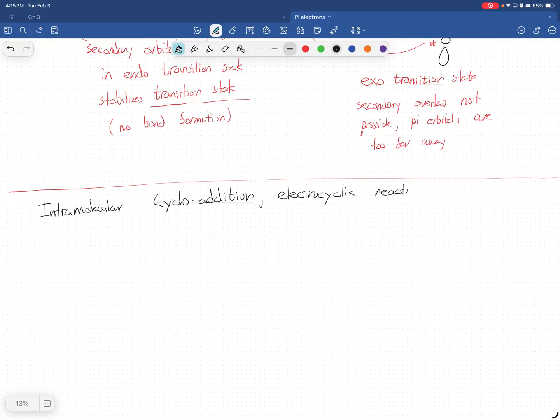Diels-Alder is one type of this reaction. These are called, sorry, I can't spell, electrocyclic reactions. Electrocyclic means the electrons are moving in a ring. So there are other types of reactions that look like Diels-Alder, okay?